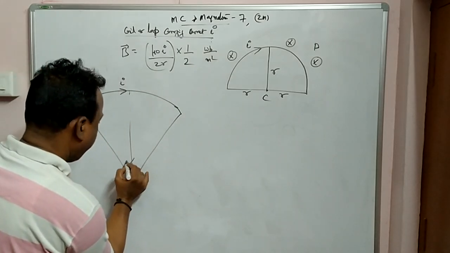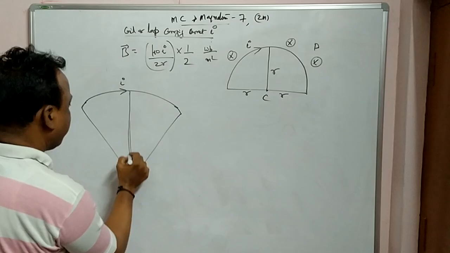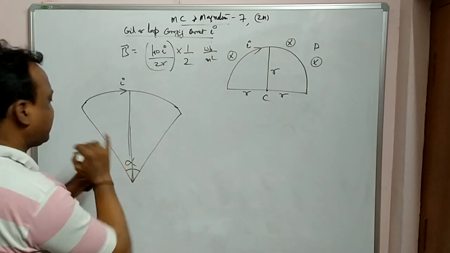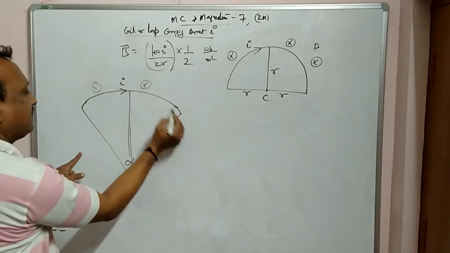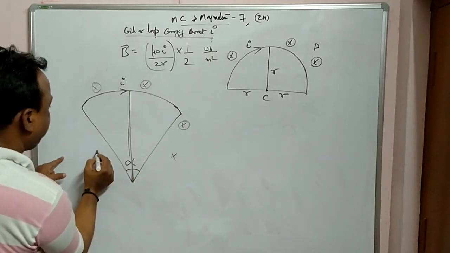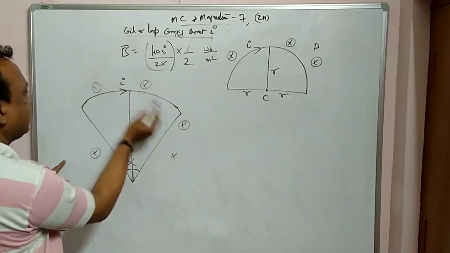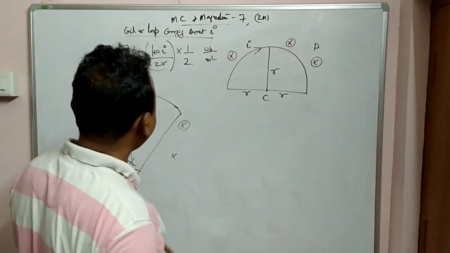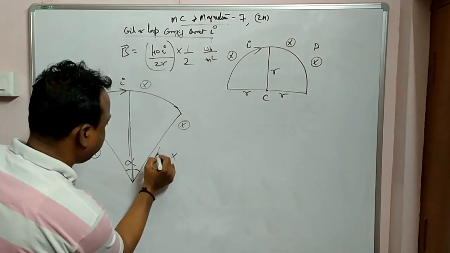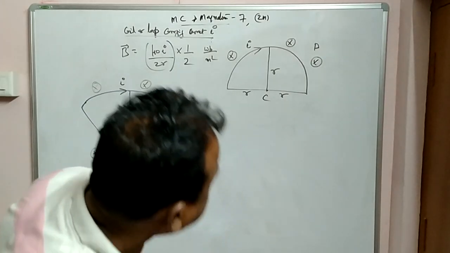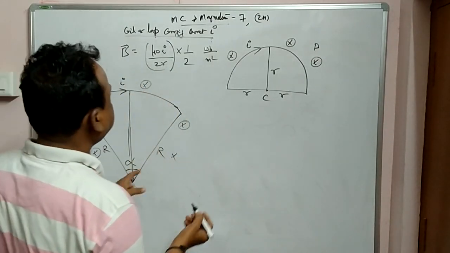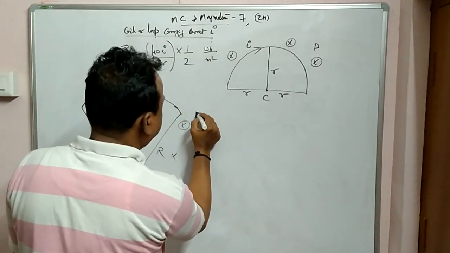The total angle is alpha, and this is the bisector. Again, same thing, current carrying, you can see the magnetic field is inside. The center of the arc is C and the radius is R. See, this is radius R. So in such cases, what is the formula for the magnetic field for an arc of a circle?